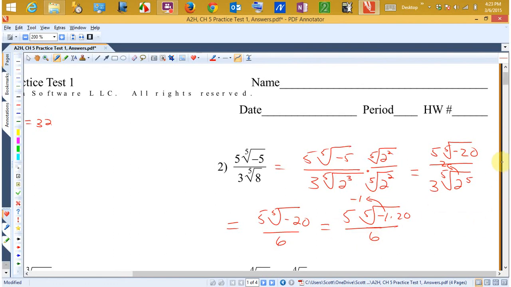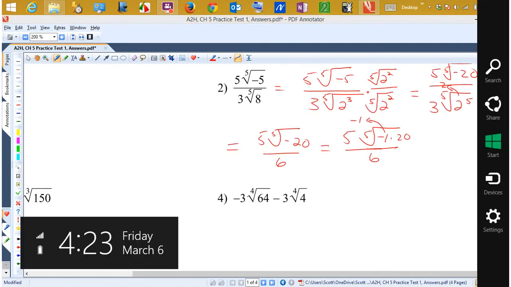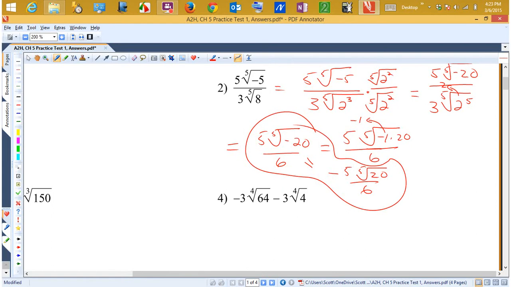So another way that we could write this, and which would probably be the way that's most shown in books, would be a negative 5 times the fifth root of 20 all over 6. So both of these answers are the same.